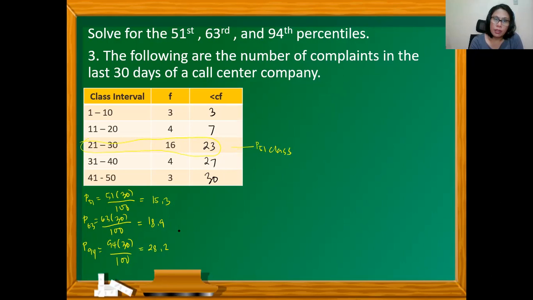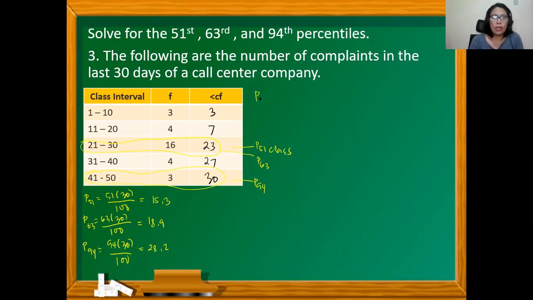And then for P sub 63, 18.9, again we will consider the same class as P sub 51, since 23 is greater than 18.9 and closest to 18.9 among these three possible options. And then for 28.2, we're going to consider the last class, since 30 is the only value greater than 28.2, so this will be the P sub 94 percentile class.